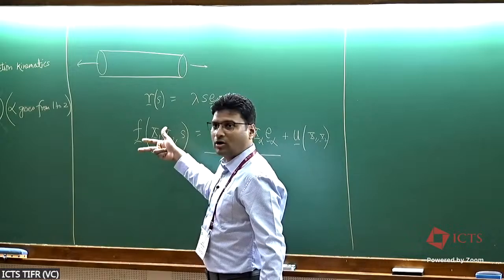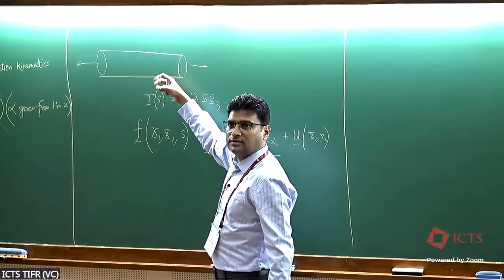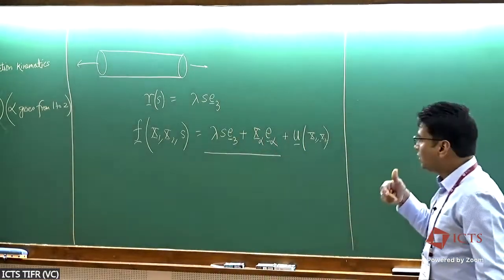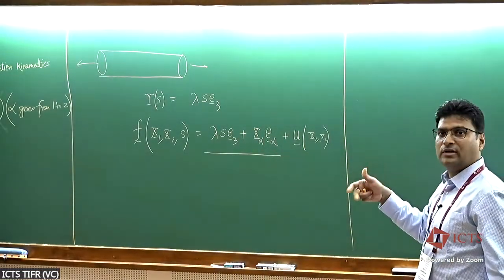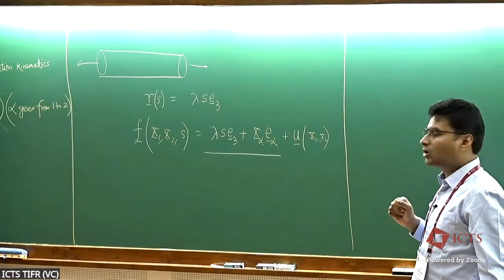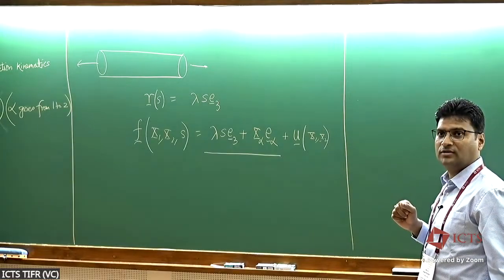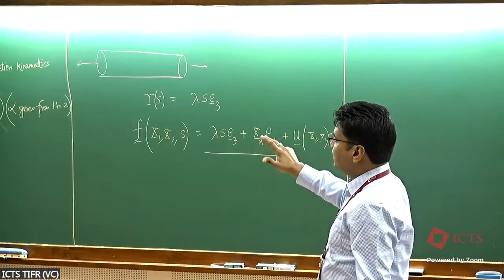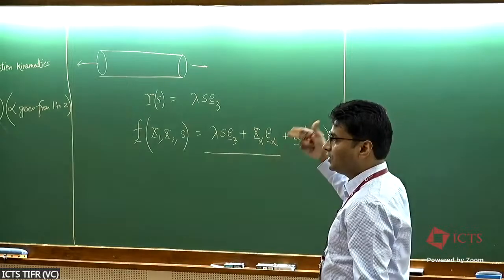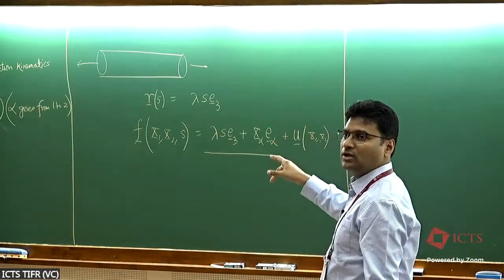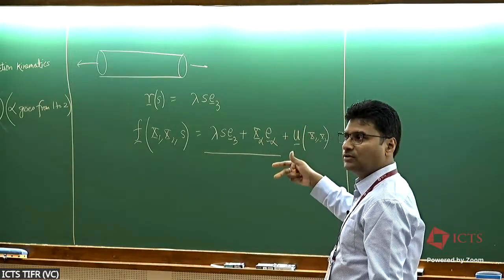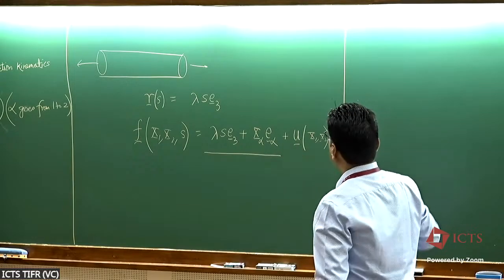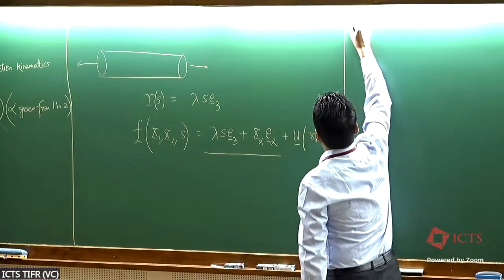Whereas in this model, the cross-sectional dilatation is captured in a dependent way. We'll talk more about this dependent and independent thing later when we talk about the constitutive relations for rods. As far as kinematics is concerned, I'm going to stop here and move on to the balance equations. We'll come back to the kinematics when we find out what strain measures get invoked in this theory. So let's talk about the balance equations now.